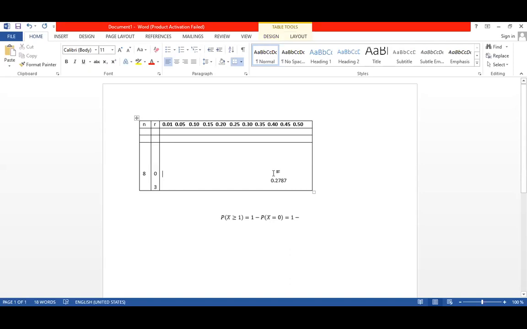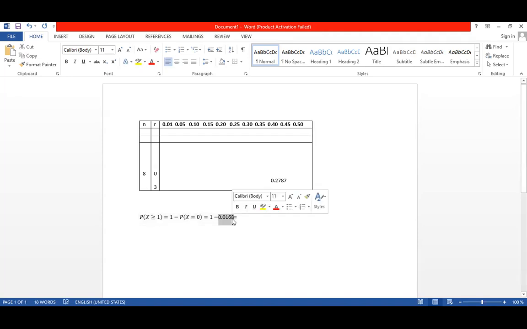So can you read for me the value there? 0.0168. There is a 0. Is that what you got after calculation? Yes. Good. So you see how fast it takes you there?